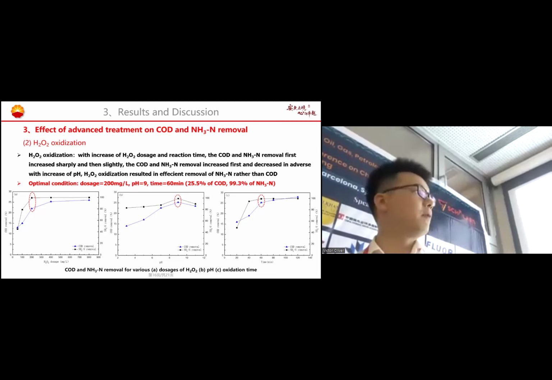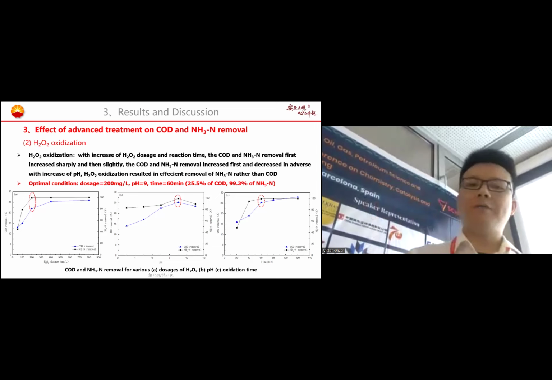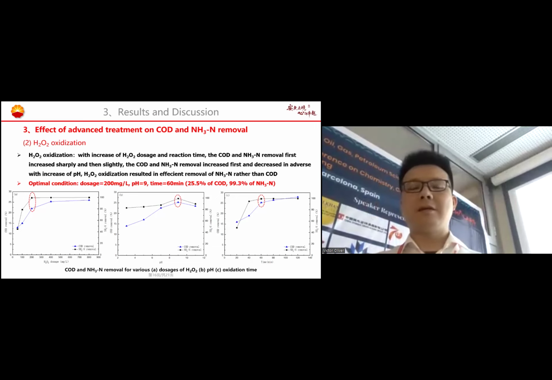So from the results above, we can conclude that the adsorption is effective to remove the COD, and the oxidation is effective to remove the ammonium nitrogen.